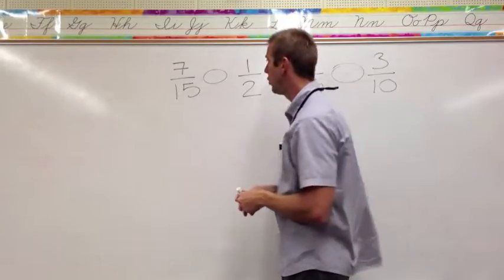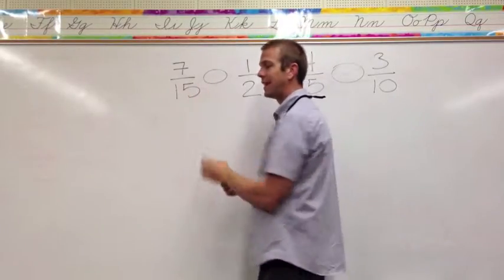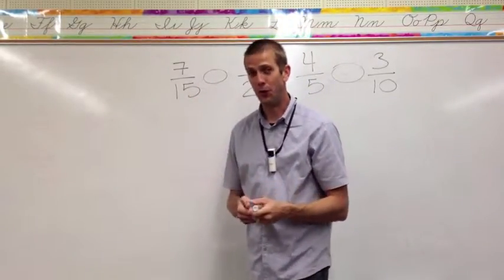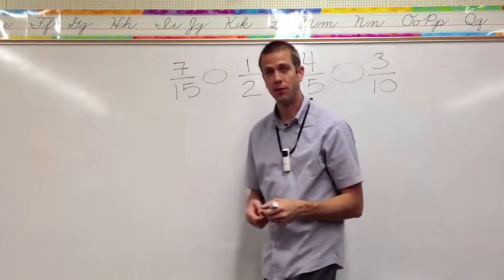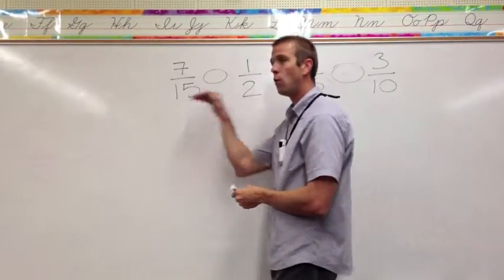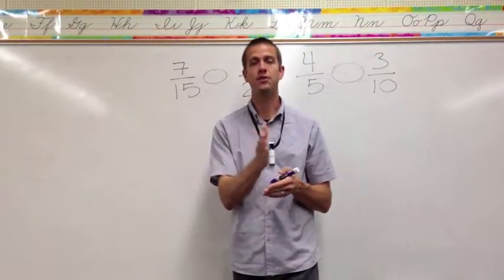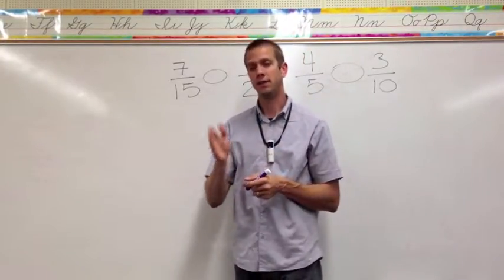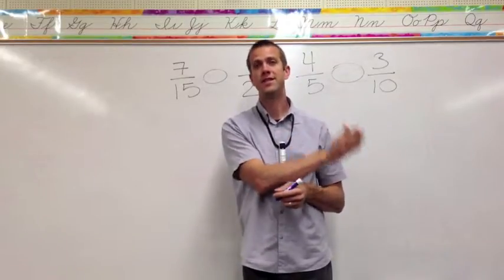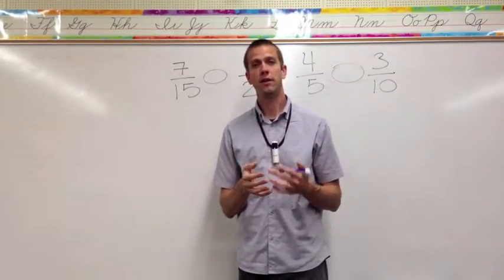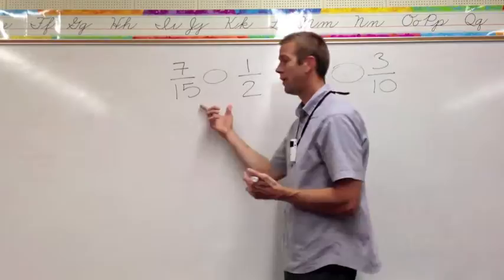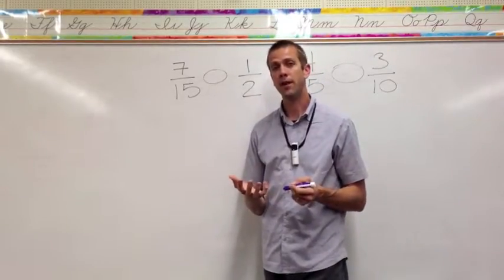To do that, you want to know the least common multiple, from a previous lesson, of these denominators. Where does a 2 and a 15 meet? If I were to count by 2s, 2, 4, 6, 8, 10, and 15s, 15, 30, 45, 60, where will they meet? The answer is, for 15 and 2, they're going to meet at 30, right?